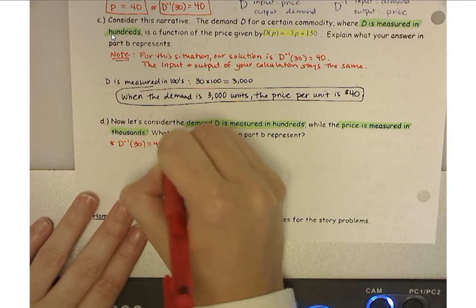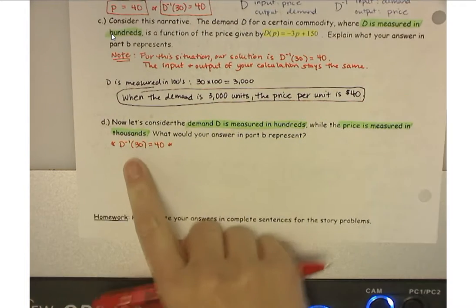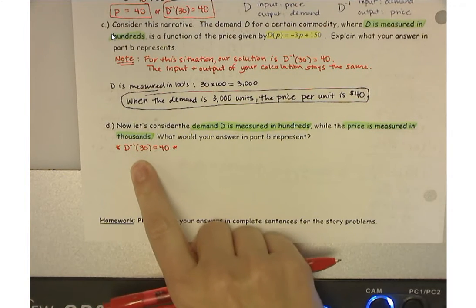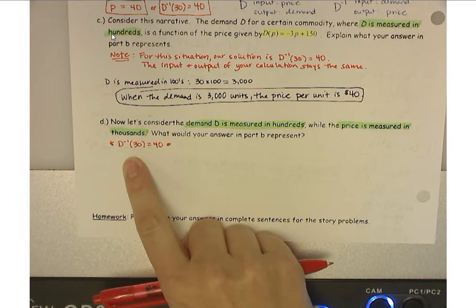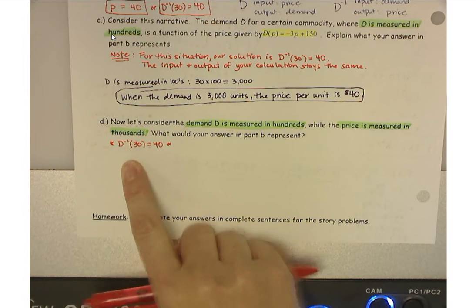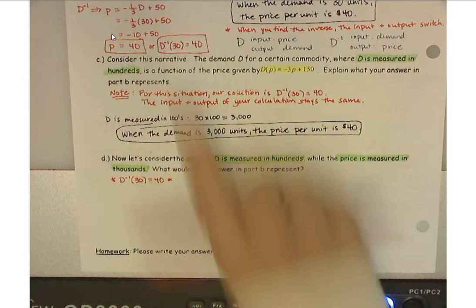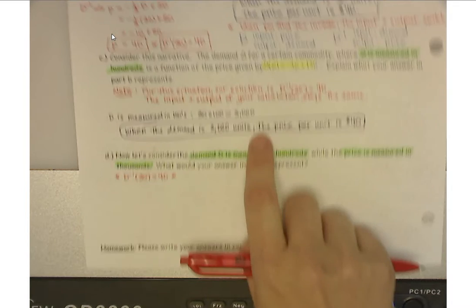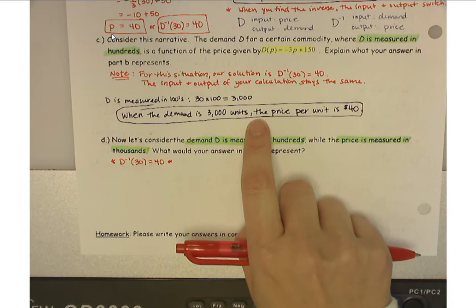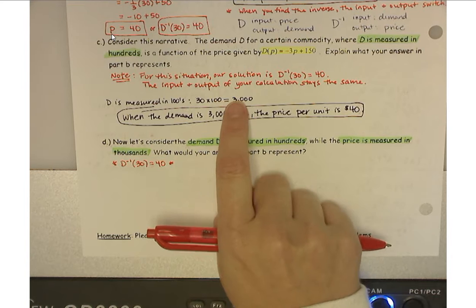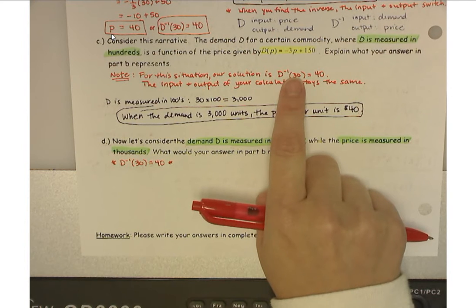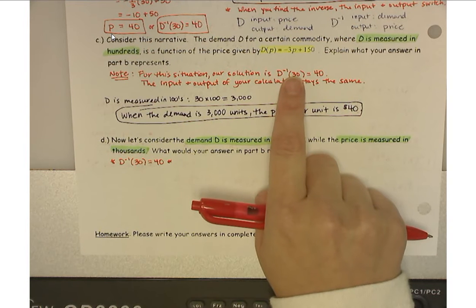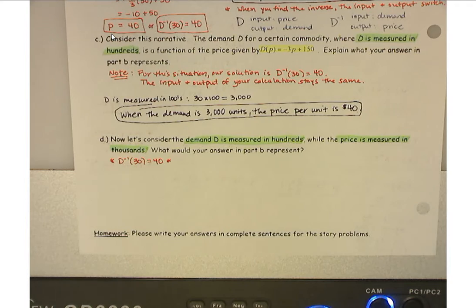That does not change. The reason why I'm stressing this is because sometimes people go back and plug in something different. If you're finding the D inverse of 30, even if it's measured in hundreds, you're not going to plug in 3,000, because that would make 3,000 times 100. Your input and your output are still going to be the same.